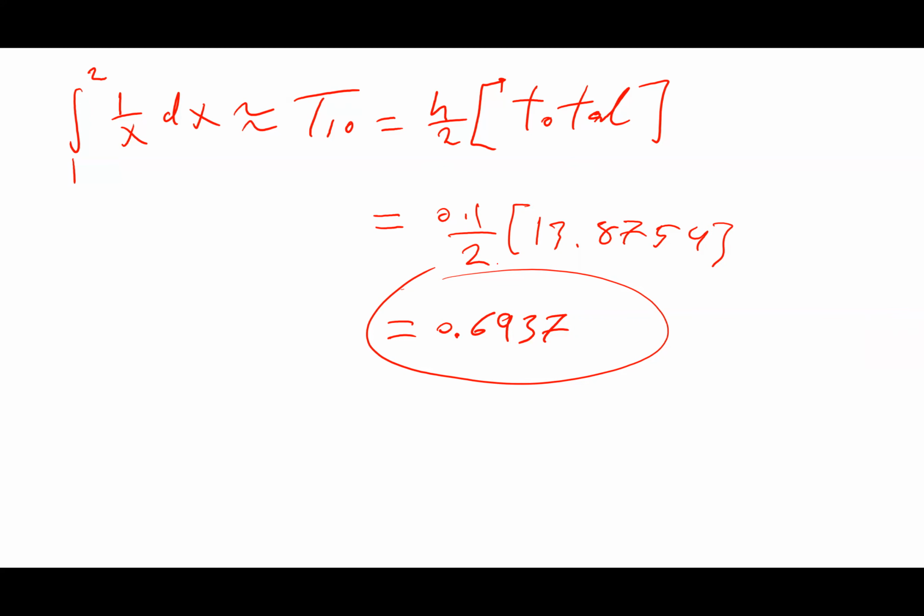If we want to find the exact solution, because for this function it is easy to find the exact solution. If it is not possible, we will not find it, but for this example, just to compare between the two values.